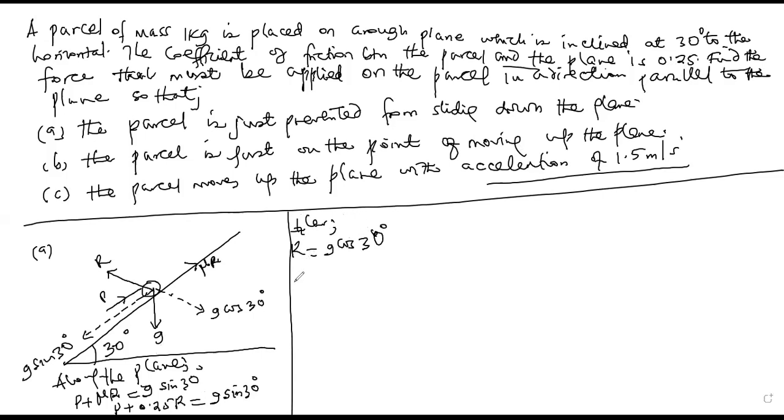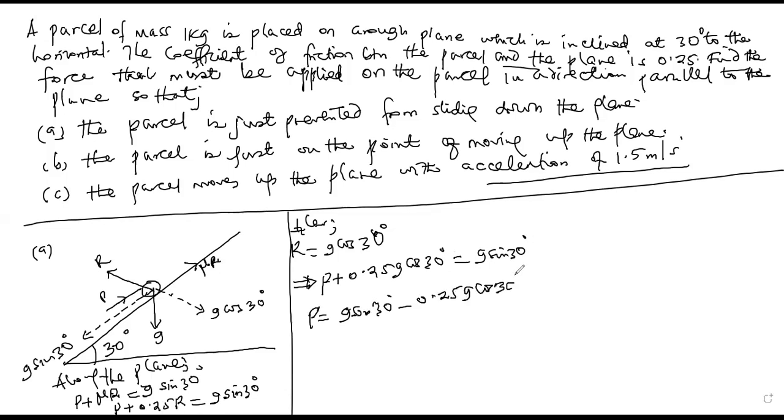So if R is equal to g cos 30, it implies that P plus 0.25 g cos 30 is equal to g sin 30, meaning that P is equal to g sin 30 minus 0.25 g cos 30.